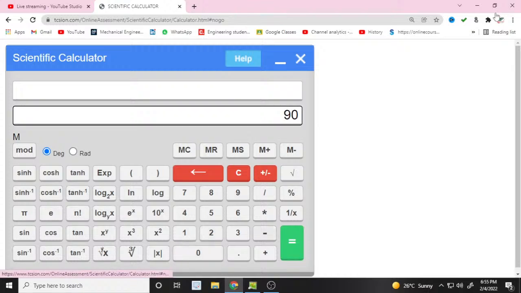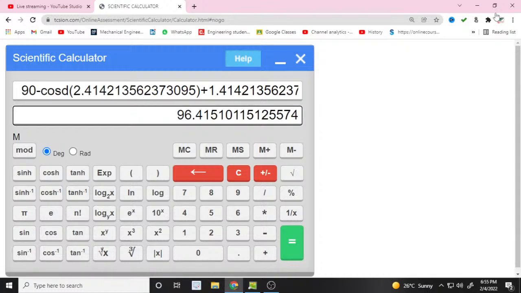So 90 minus 1 plus root 2, the value which we stored in the memory, that we have to read now, into the bracket of cos, plus the value which is stored in the memory, we have to read it now, plus 6 is equal to, and we are getting 96.41.